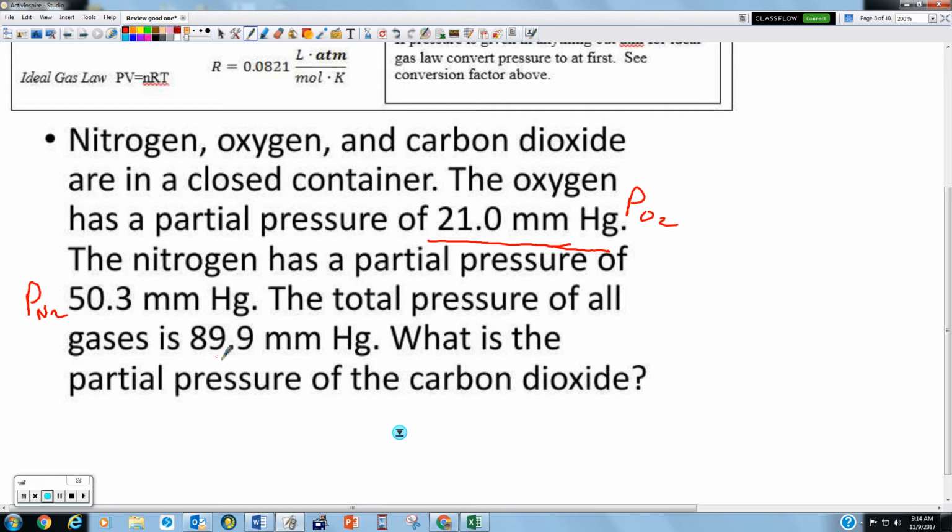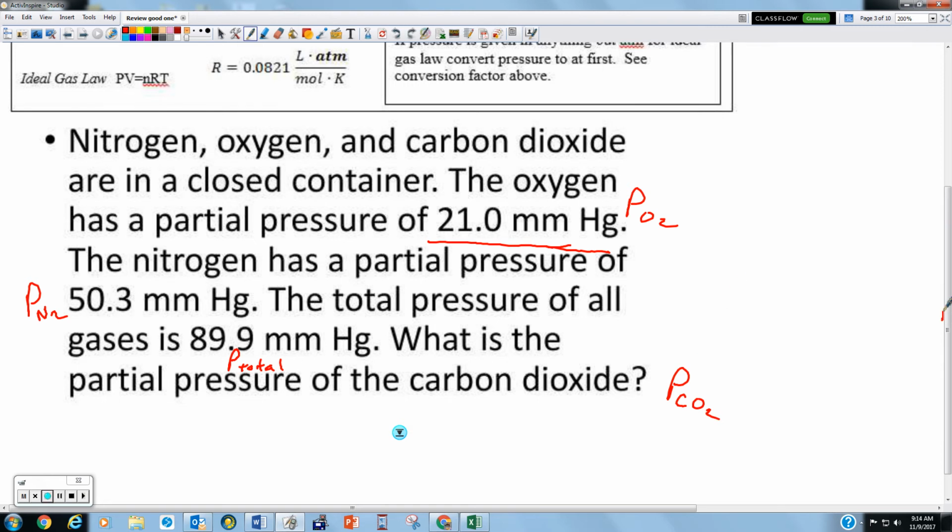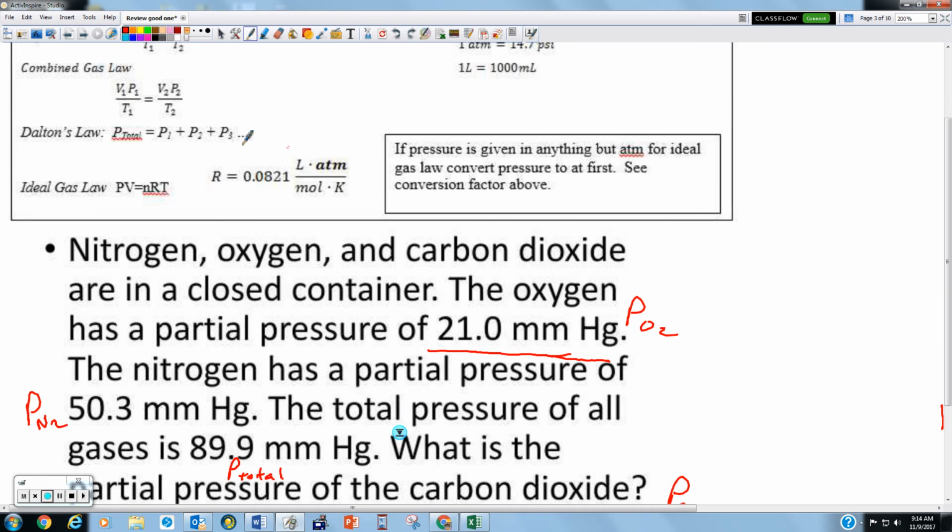The total pressure is 89.9 millimeters mercury. What is the partial pressure of carbon dioxide? So we want to know PCO2. So whose law is this going to apply to? That's going to be Dalton.